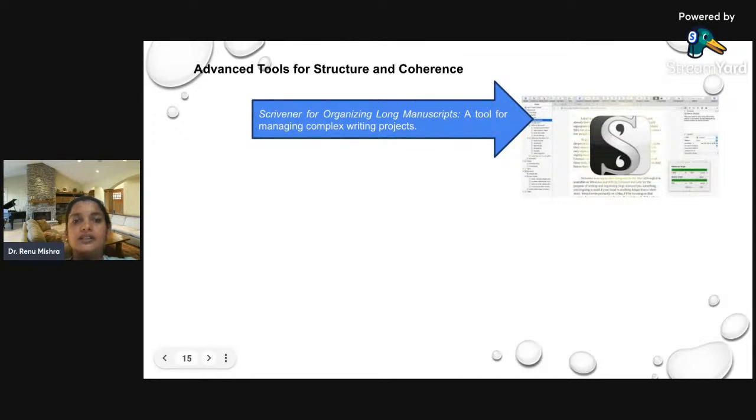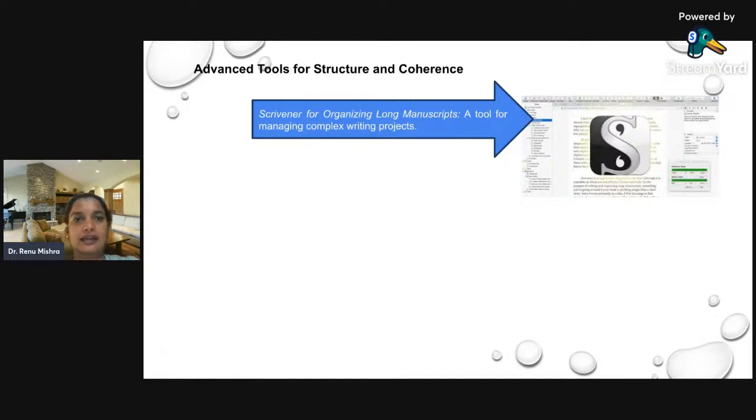The first is Scrivener. What Scrivener does for you is organize your long manuscripts. It is the tool used for managing long writing projects.